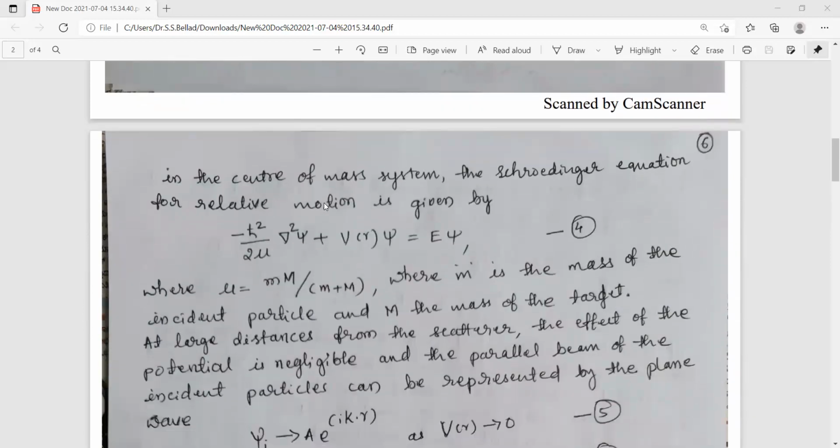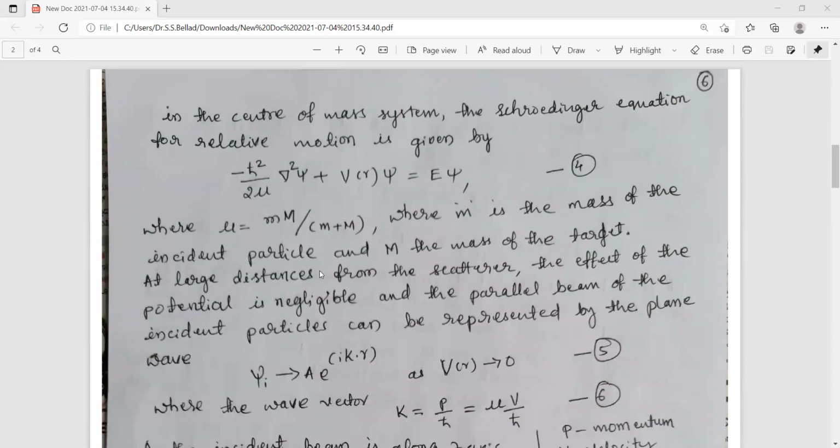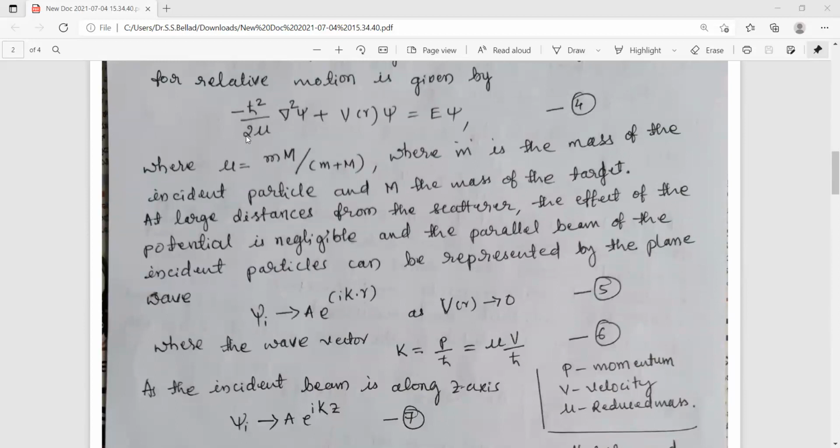then in the center of mass system, the Schrodinger equation for the relative motion is given by this equation. This is minus h cross square divided by 2 mu del square psi plus V of r psi equal to E psi, the Schrodinger equation for these two particle systems.